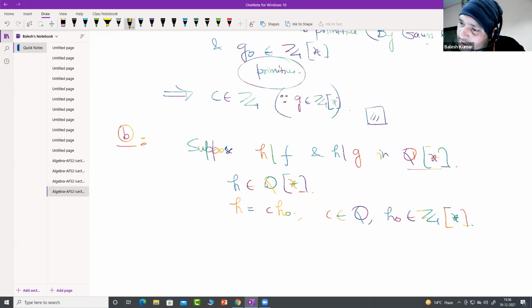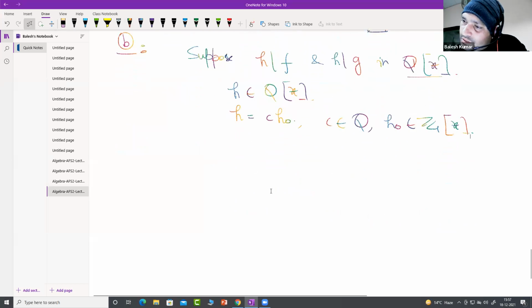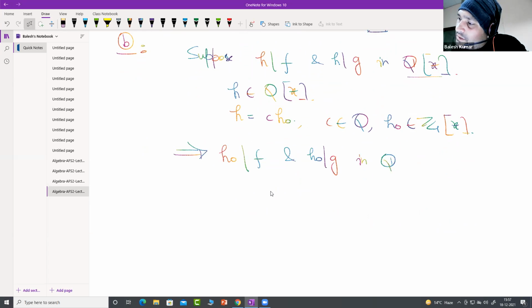Now if h divides f, then h0 will also divide f and g. So this implies that h0 divides f and h0 divides g in Q[x]. Is it clear, or do you have any doubts?